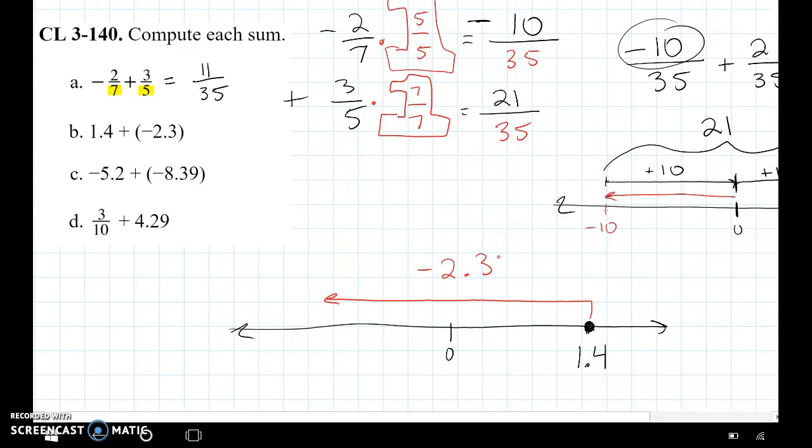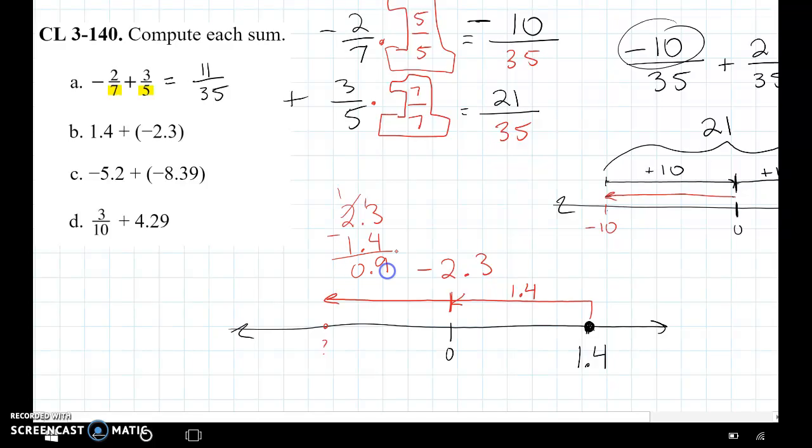2 3/10. Now, I know I'm going to go past 0 because it's only 1 4/10 to 0. So if I break that up, I like breaking it up like this. I know that this is 1 4/10 to get back to 0. So how much more do I need to go, and where do I end up? Well, if I need to go a total of 2 3/10 to the left, and I've already gone 1 4/10, what's remaining?